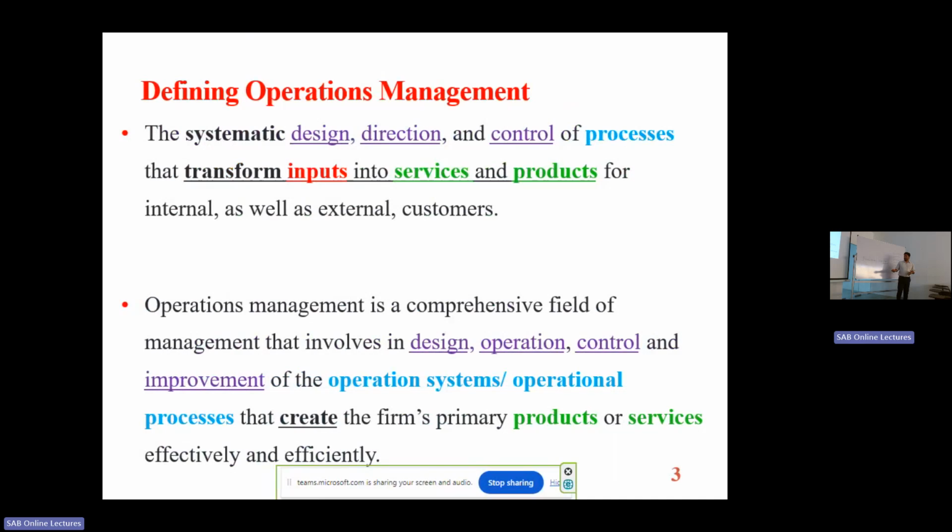These two are also important because in managing operations, these are the main targets. What are those things? Maintaining higher effectiveness and higher efficiency, or what we call productivity.